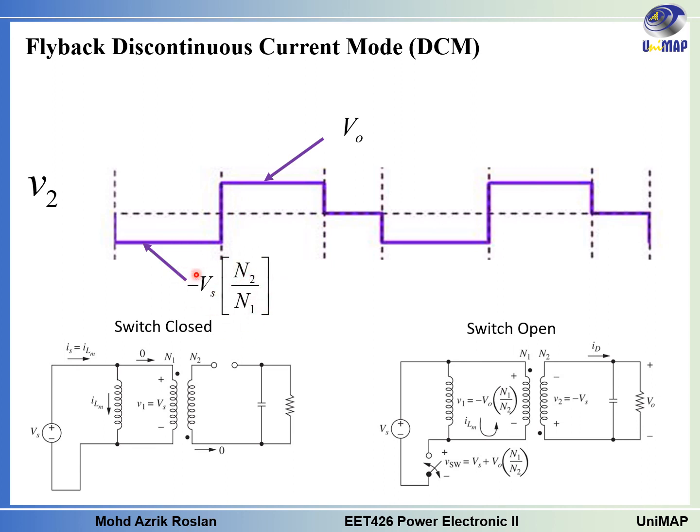During the switch open, the voltage that occurs around this port will be the same as V out. The maximum value here will be V out. And then after some time when the diode current reaches 0, the diode here will be reverse biased, and at this point the voltage experienced by the secondary winding will be 0.